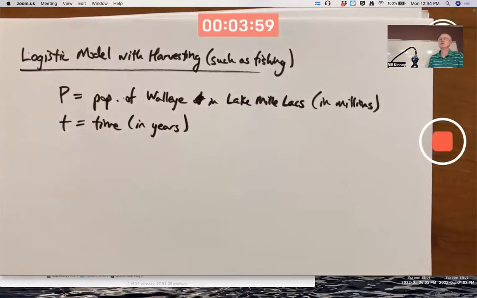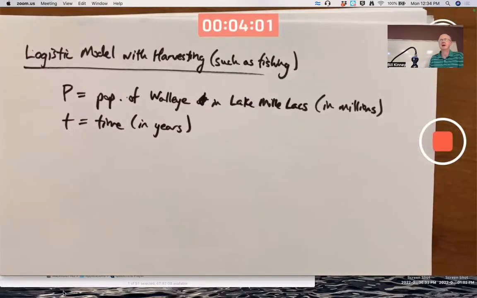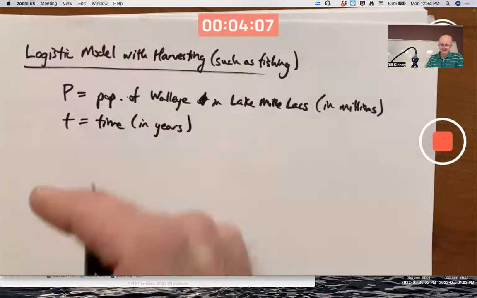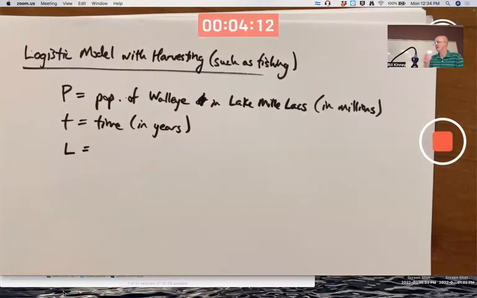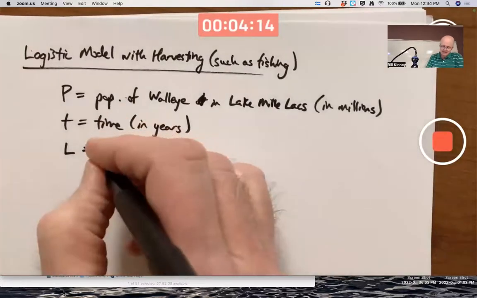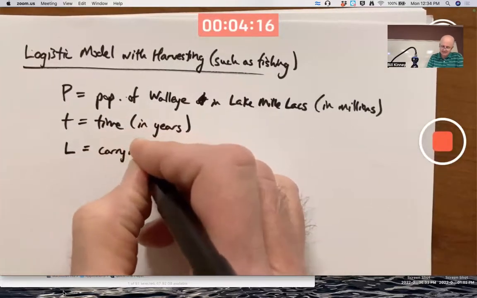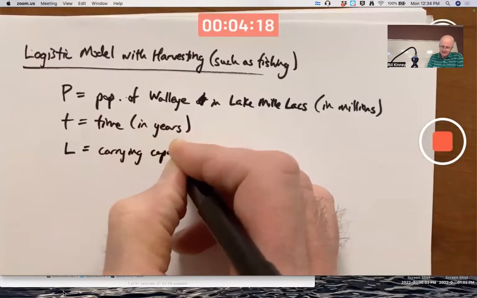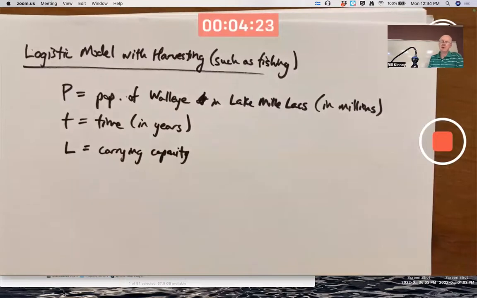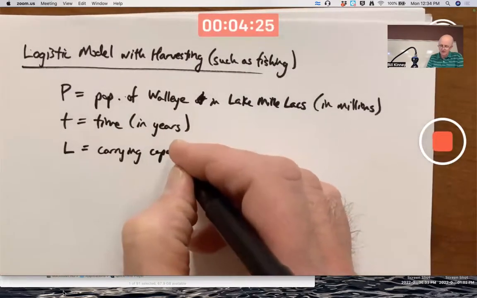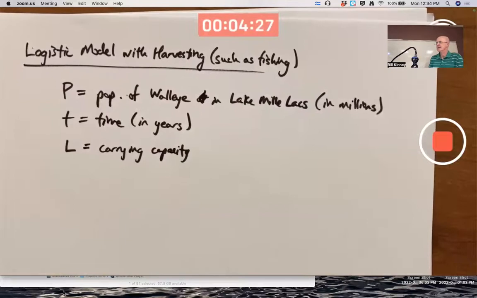Remember that in the logistic model, we did talk about this briefly about a week and a half to 2 weeks ago. We also have something called the carrying capacity. In the abstract, it's typically labeled with a letter L, kind of stands for limit, you might say, but it's called a carrying capacity. You might think of this intuitively as the number of walleye that the lake can hold comfortably without overcrowding.